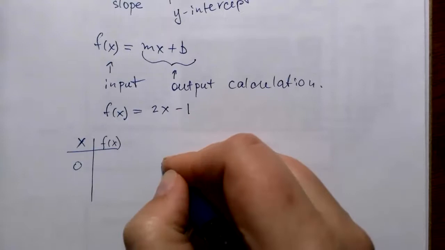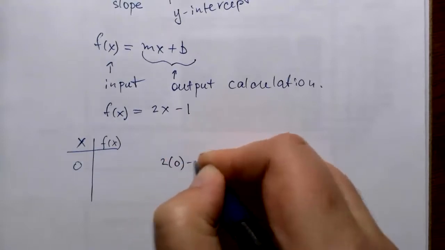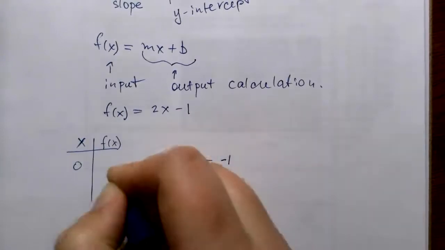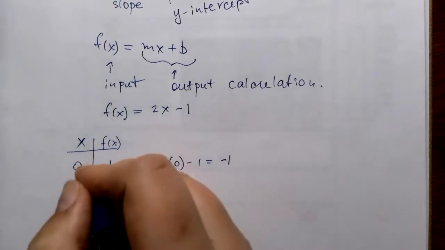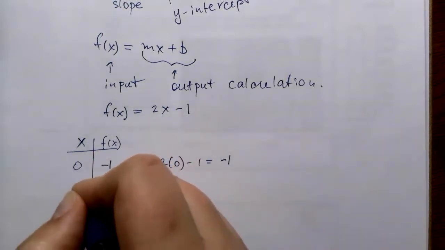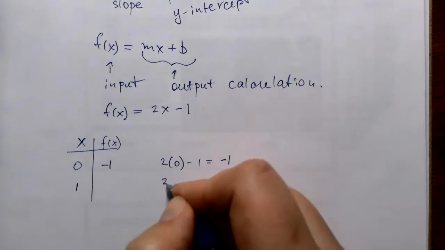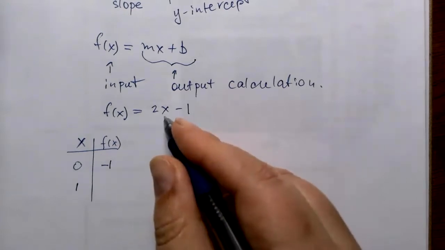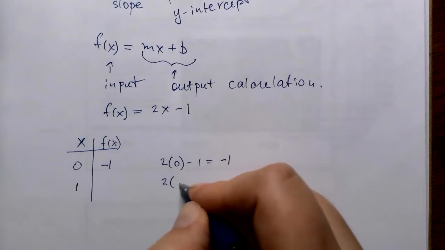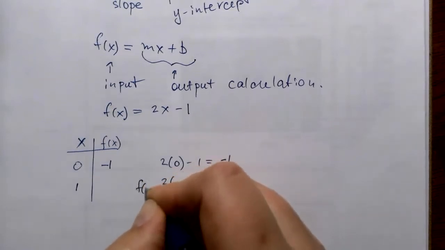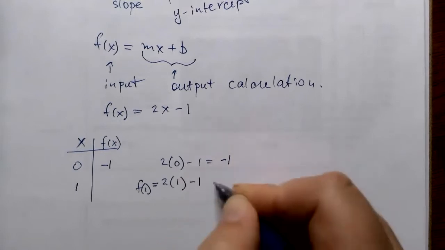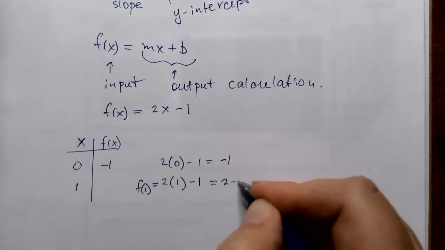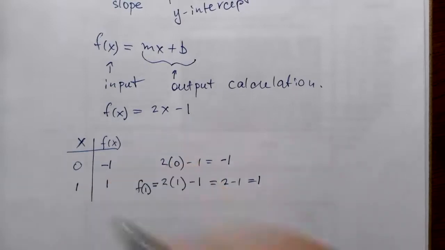So let's start with 0, for example. We plug it in, we get 2 times 0 minus 1, which is negative 1. So our y value, or function value, is negative 1. And then when our x is, let's say, positive 1, we plug it in: f of 1 equals, and then follow the rule, 2 minus 1 is positive 1.